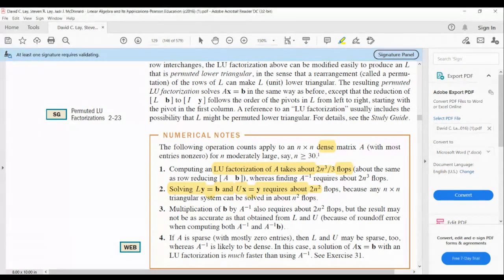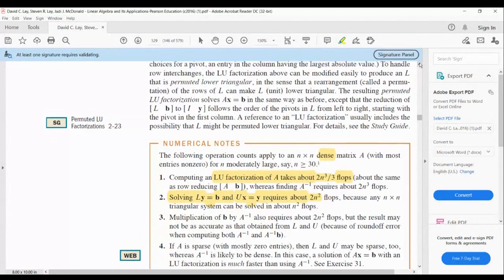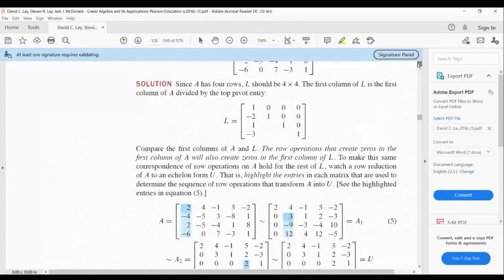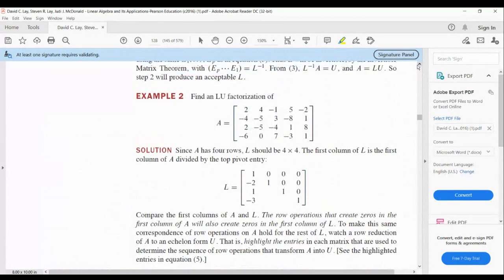One thing I'll mention too is that LU factorization can be done on any size matrix. If you look at example 2, they do an LU factorization for a matrix with 4 rows and 5 columns.